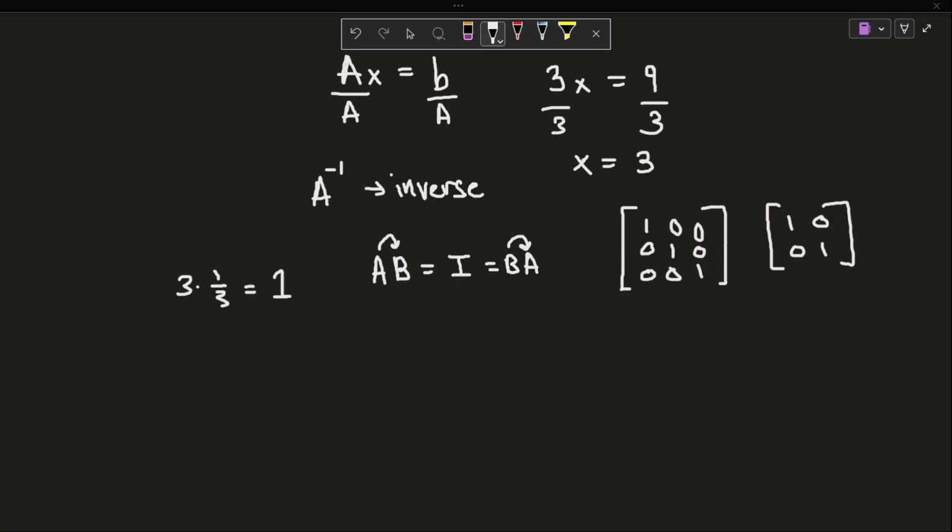This is very easy to prove, and you can see that no matter in what order you multiply them, because they're inverses of each other, you will be getting the identity matrix. Okay? And as you can see, the identity matrix is square, that means that they have to be square and of the same order.